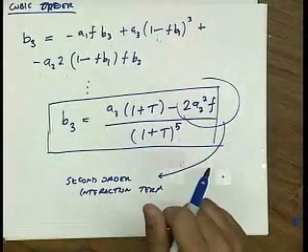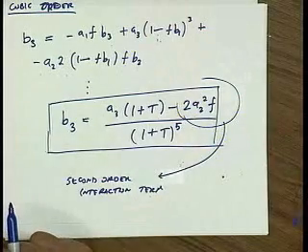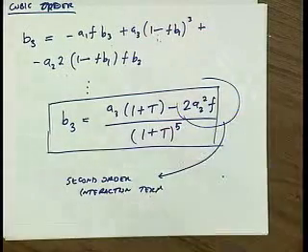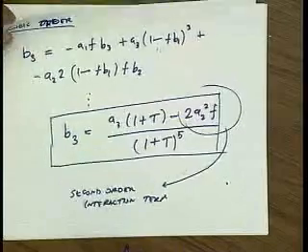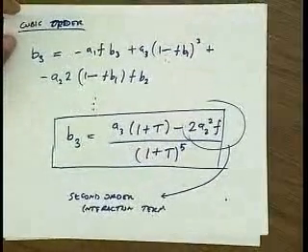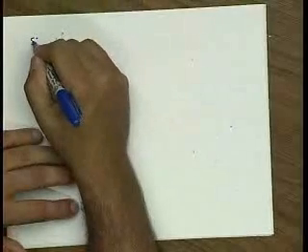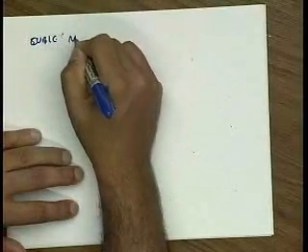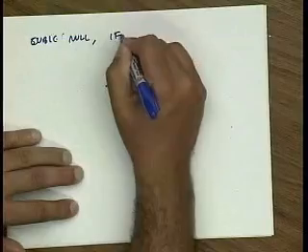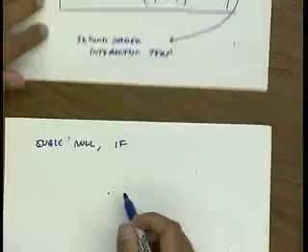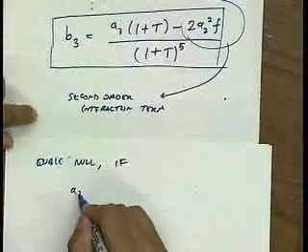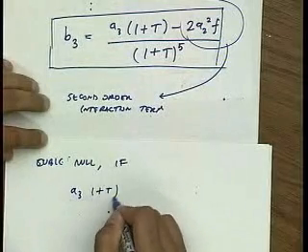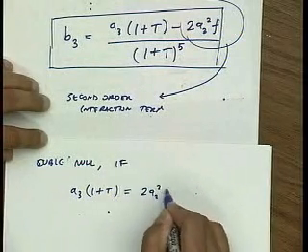It can be done, and it's a good idea if you can somehow do it dynamically. It's a good research topic. Okay. So the observation is I can get basically a cubic null if the numerator here goes to 0, or A3 times 1 plus T is equal to 2 A2 squared F.